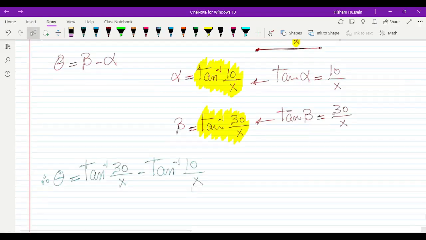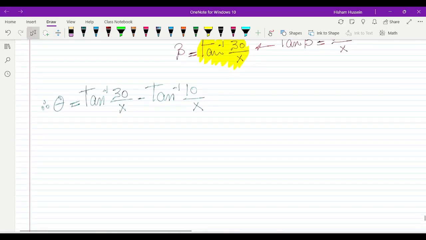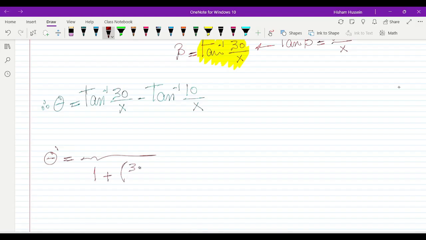We need to maximize this function, this theta. So to maximize it, we find theta dash. Differentiate it. Theta dash would be the derivative of tan inverse 30 over x, which is 1 over 1 plus 30 over x squared, times the derivative of what's inside, which is negative 30 over x squared, minus the derivative of tan inverse 10 over x, which is 1 over 1 plus 10 over x squared, times the derivative of what's inside, negative 10 divided by x squared.